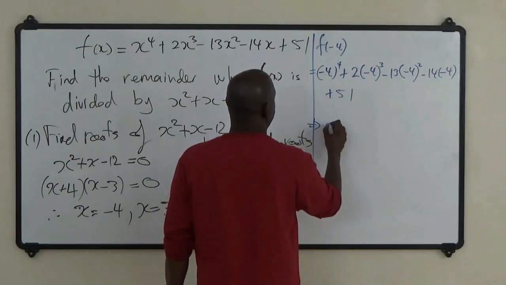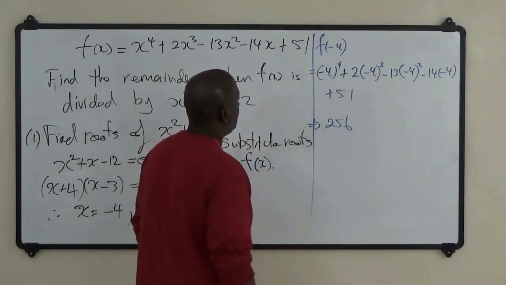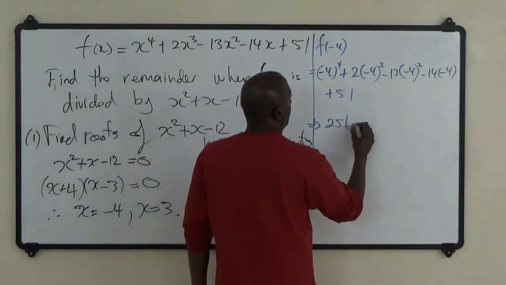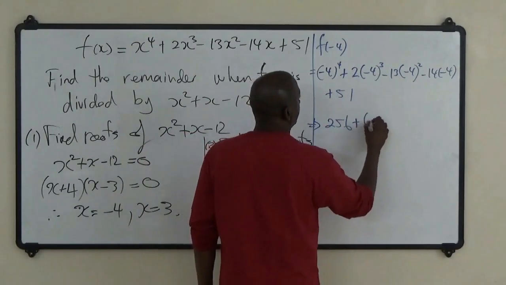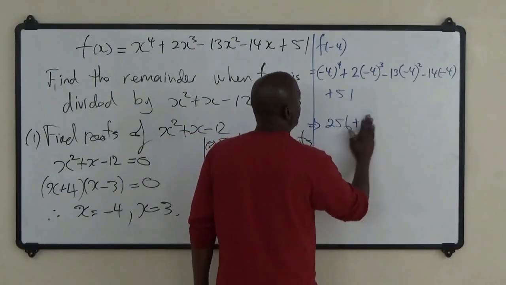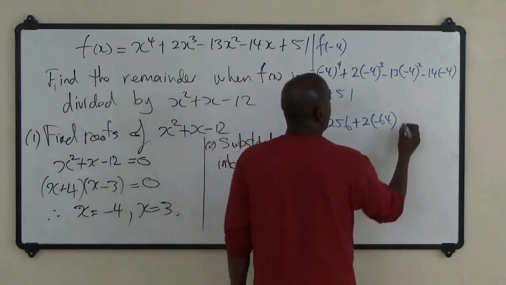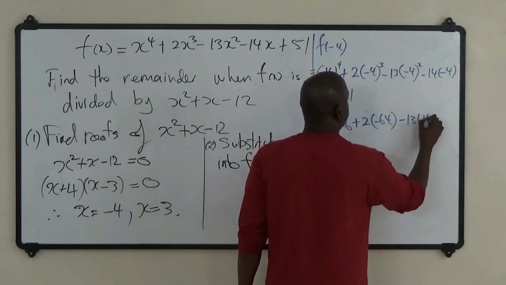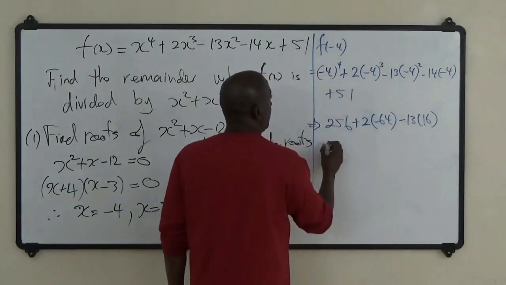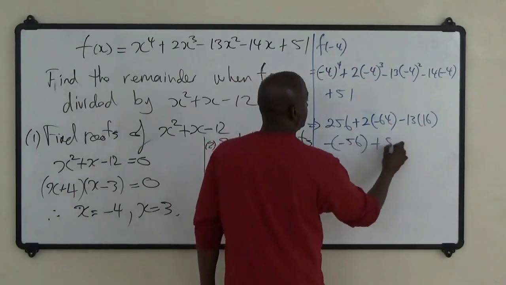That is equal to 256 plus 2 by minus 64 minus 13 by 16 minus 56 plus 51.